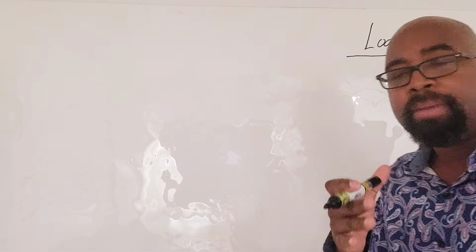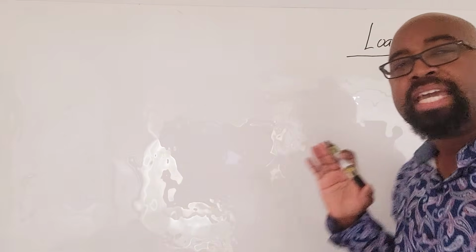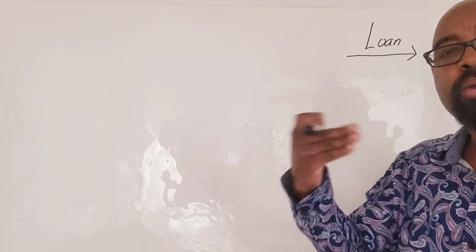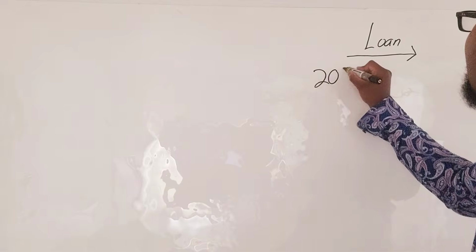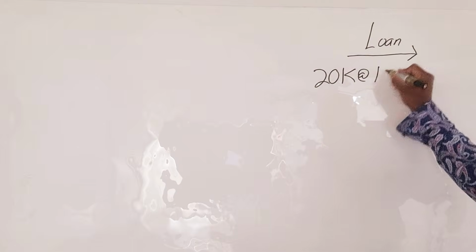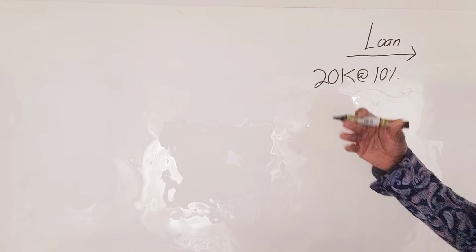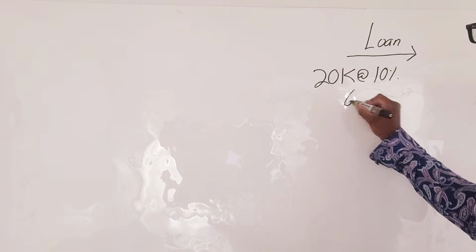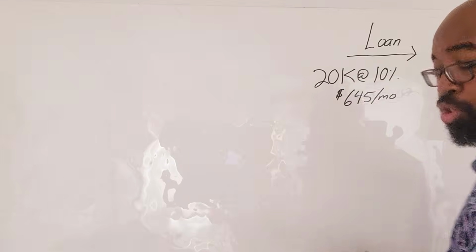Meaning every minimum monthly payment that you have, it's going away from you, and we want to change that direction, all right? So it's going to be $20K at 10%. Okay, now that means that you're going to have $645 each and every month to go to this loan.